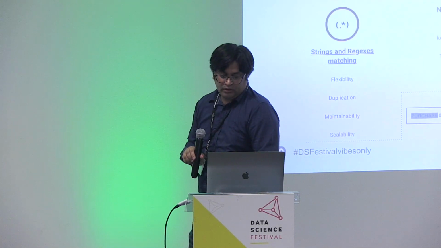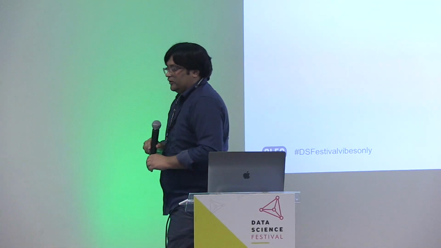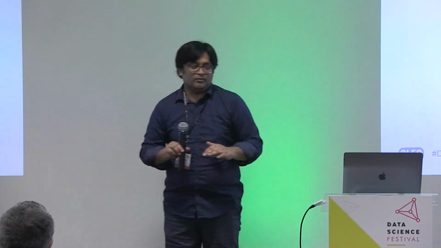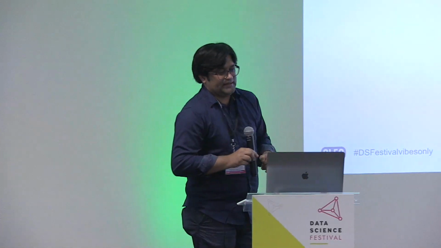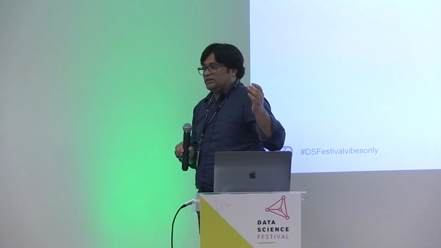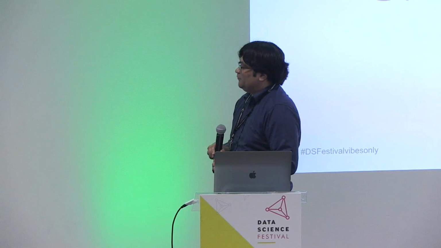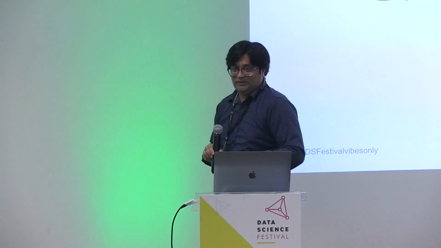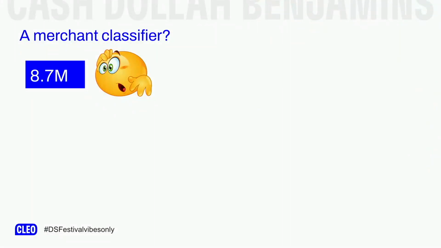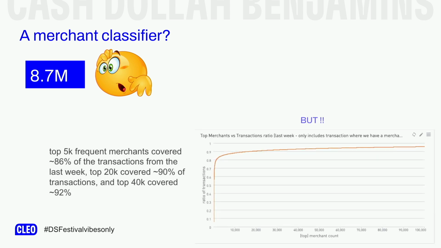So the next thought was, rather than having it as a named entity recognition problem or a tagging problem, can we modify it as a classification problem and have each merchant as one class? But the issue there was that there are around 8.7 million merchants in our DB, which are too many classes for a classifier. But if we drill down, it seems there's a long tail of merchants which are not very frequent.